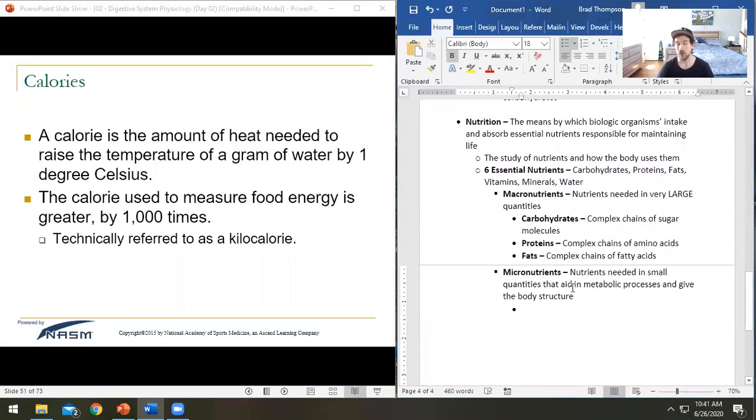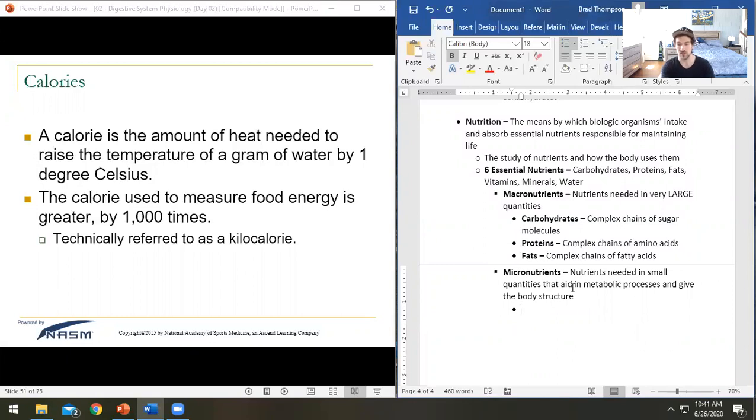Like all your B vitamins assist in the Krebs cycle, and all your vitamins A, D, E, and K act as antioxidants, and they help aid in other metabolic processes. A lot of vitamins actually aid in the uptake of things like calcium. They aid in the uptake of minerals.